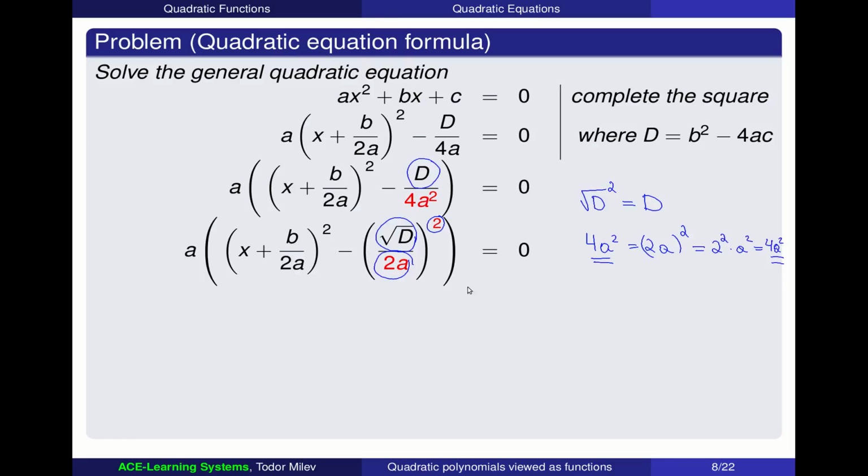So that's what I've done there. So just a reminder, we always need to be careful when dealing with radicals and squares. If I take radical of d squared, that is not necessarily equal to d, that is equal to plus or minus d, depending on whether d is positive or negative. But when the operations are in the opposite direction, so when I have radical of d, the whole thing squared, then I always get d out.